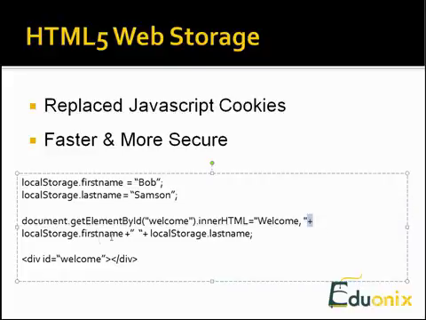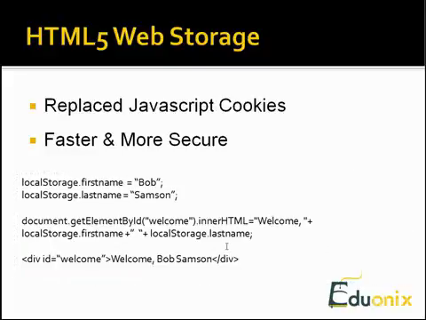Alright, so we want welcome, first name, and then we want to concatenate again a space, so we have a space between Bob and Sampson, and then we concatenate again and add on the last name. Alright, so this code will insert "Welcome, Bob Sampson." Alright, so that'll insert that there.